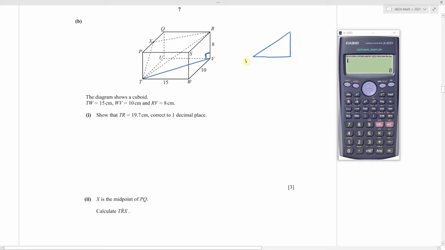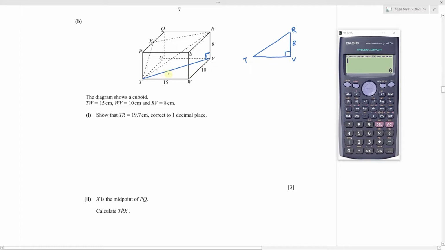So this is point T, this is R, this is V, RV is 8, and you have to show this TR is 19.7, TV is unknown. So if I can calculate this length TV, I can easily use a Pythagoras theorem because this angle here is 90 degree. I can use a Pythagoras theorem to show that this is 19.7 centimeters. So first I need to calculate this length TV.